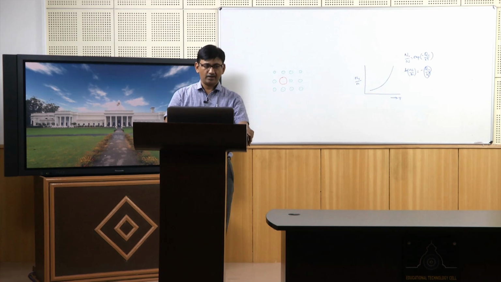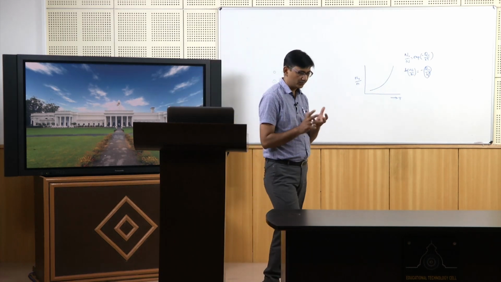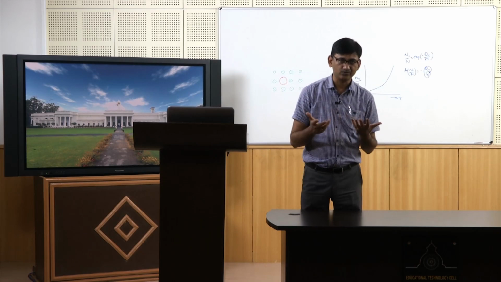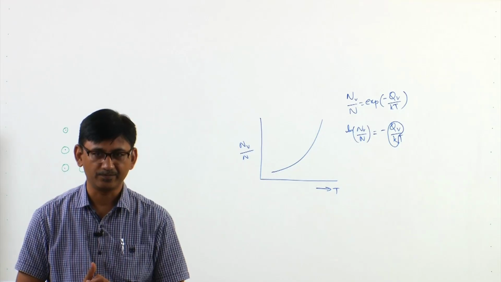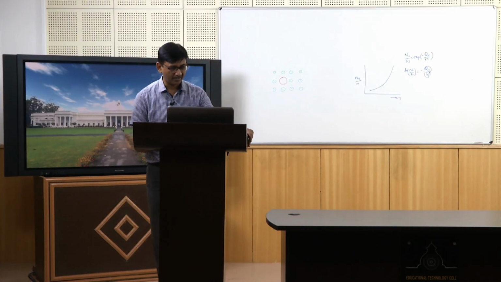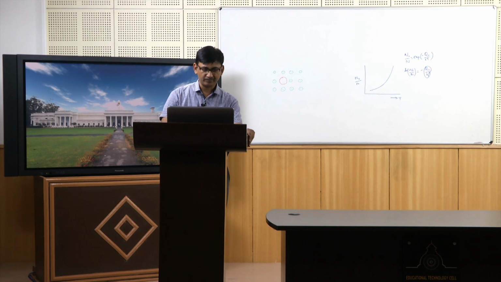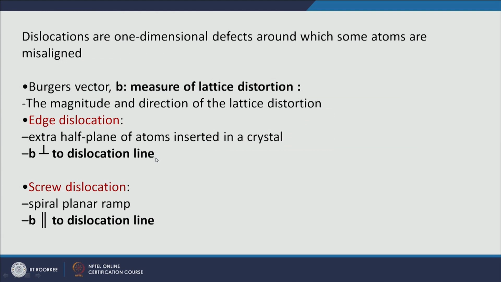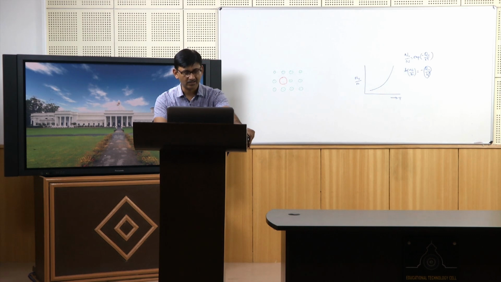Now, I can classify dislocations in two ways. One is what we call edge dislocation. In case of edge dislocation, the Burgers vector is perpendicular to the dislocation line. We will see what we mean by a Burgers vector. In screw dislocation the Burgers vector is parallel to the dislocation line. So, you can have these two types of dislocations based on how the Burgers vector is with respect to the dislocation line.